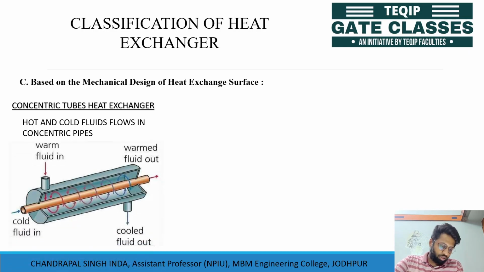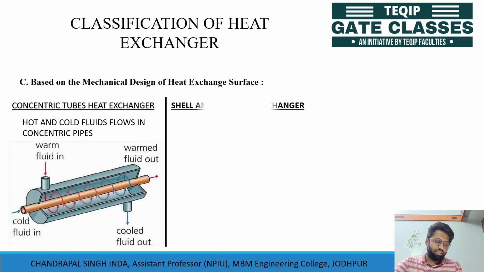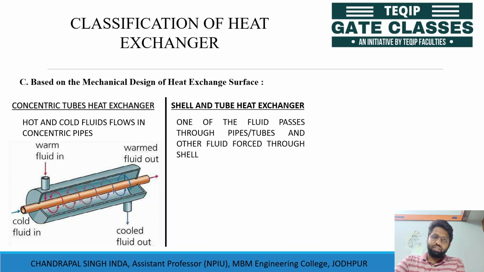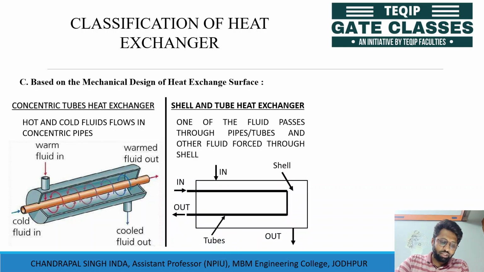So this is an example of the concentric type of heat exchanger. And another category, based on the design, is the shell and tube type of heat exchanger, in which there is a shell and there will be tubes in which the fluid is allowed to flow.